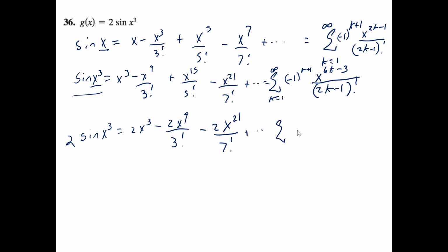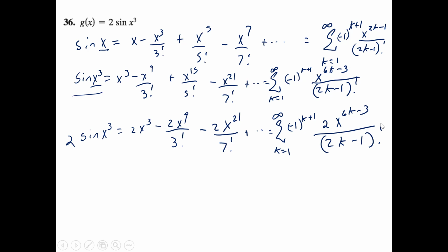And in summation notation, it's the same formula, except now you have an extra factor of 2. You still have the factor of negative 1 to the k plus 1, and now you have a 2x to the 6k minus 3, all divided by 2k minus 1 factorial.